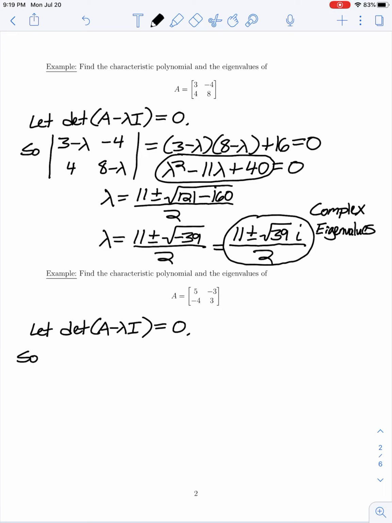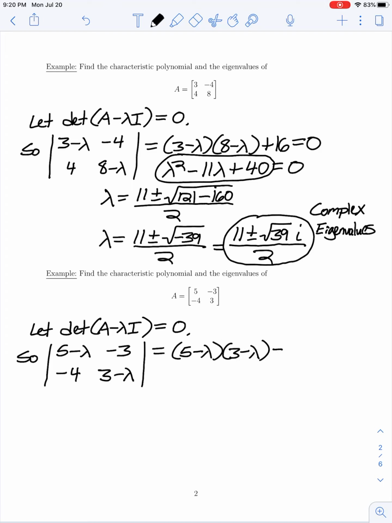So using the vertical bar notation for the determinant, we have the determinant of 5 minus lambda, negative 3, negative 4, and 3 minus lambda. Again, we're just subtracting lambda from our diagonal entries. So this determinant would be 5 minus lambda times 3 minus lambda, minus the product of the off diagonals, 12. And we would set this equal to 0 to find our eigenvalues.